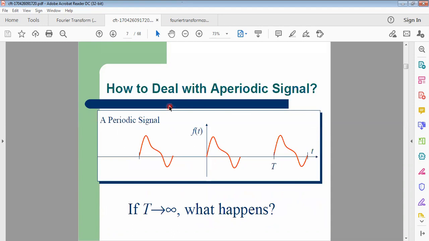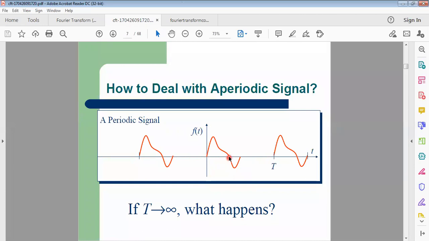Now what is an aperiodic signal? Aperiodic means not periodic. This type of signal is non-periodic. Remember, all periods are not equal. Capital T is not equal everywhere.